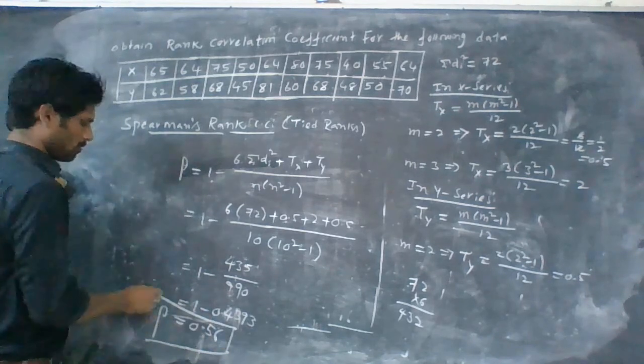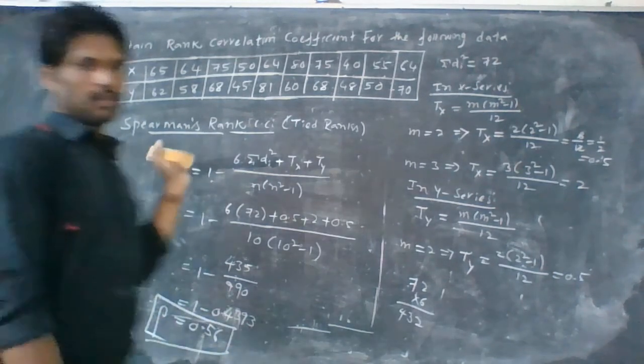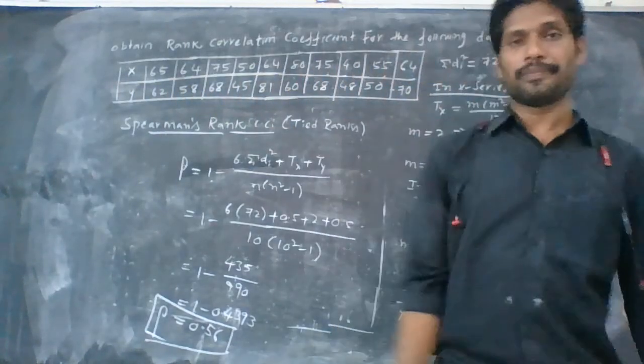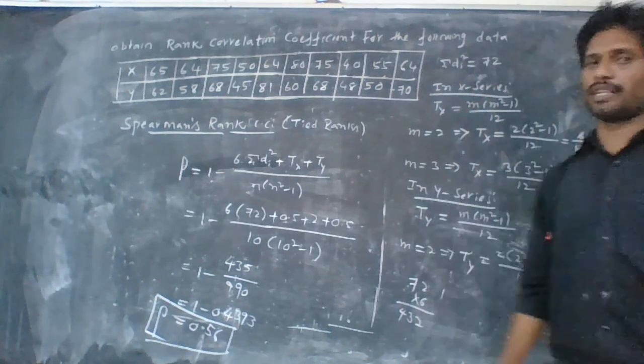This is rho. So that is the way of finding the rank correlation coefficient.